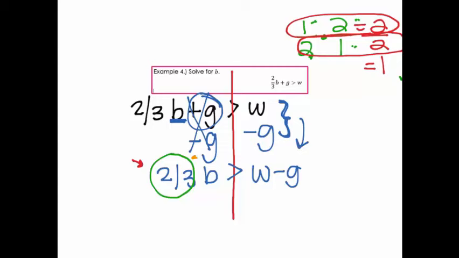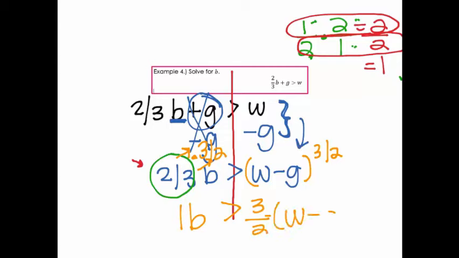If I multiply this fraction by 3/2, and I multiply this whole expression on the right-hand side by 3/2, it's going to help me eliminate and solve for b. Remember, 2 times 3 is going to give me 6, and 3 times 2 is going to give me 6 as well, which is simply going to be 1b. 1b is greater than, and I'm going to write the fraction first, just because I think it looks nicer to have the number you're multiplying out in front, times the expression w minus g.